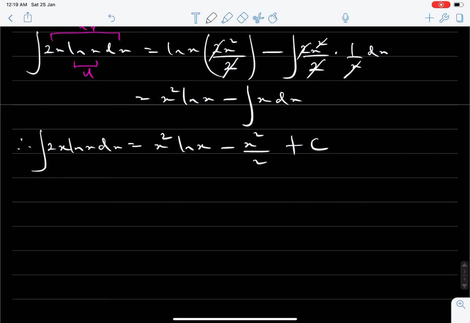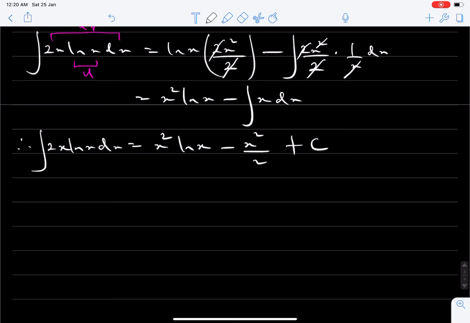And that's it simply. The most important thing is that you choose a variable which has a derivative which is simpler than itself as u, and the rest of the product will be dv. And wherever you see that dv is non-integrable, then you choose it as u instead of dv.